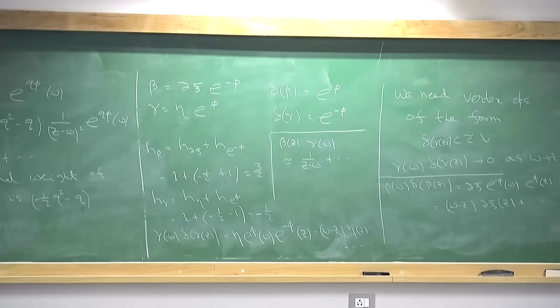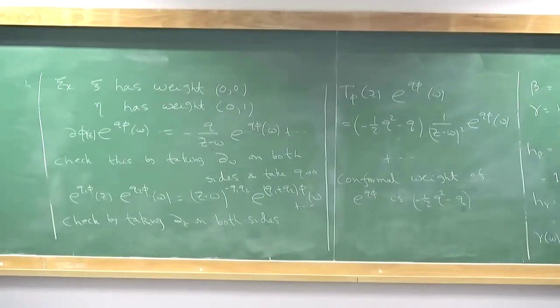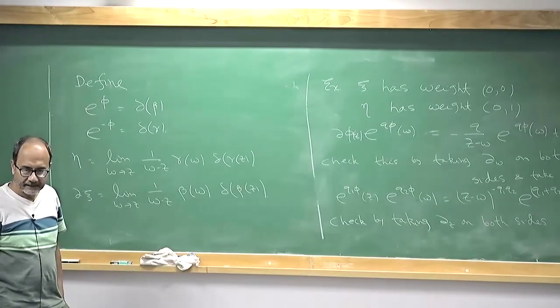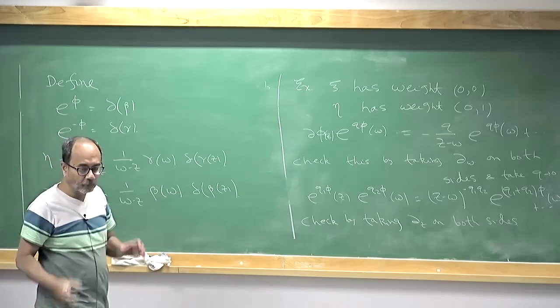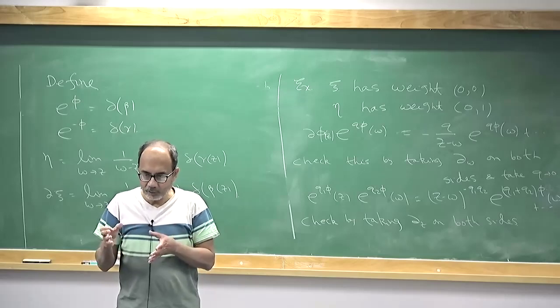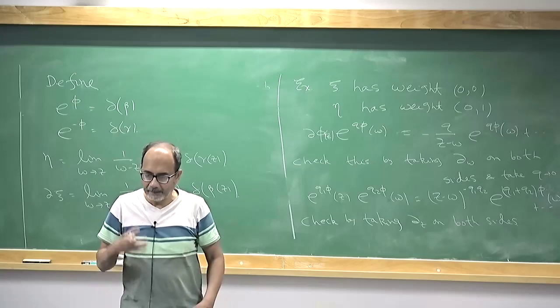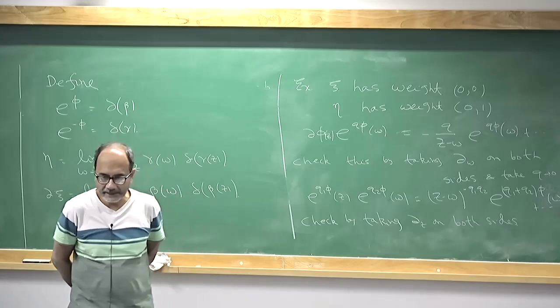Because e to the phi with e to the phi OPE will have the leading term e to the 2 phi, but with the coefficient 1 over z minus w. So delta beta squared, you have to define this as the OPE of delta beta of z times delta beta of w in the z goes to w limit, and multiply by 1 over z minus w. That is well defined.